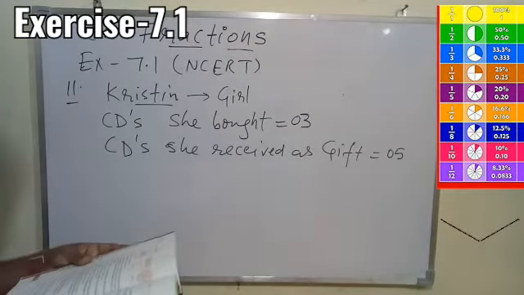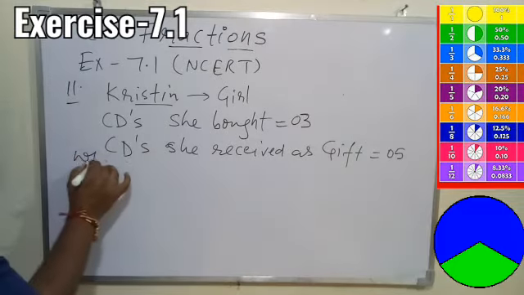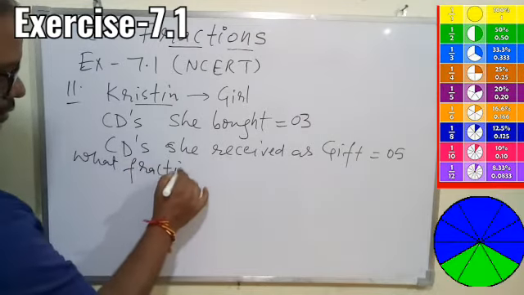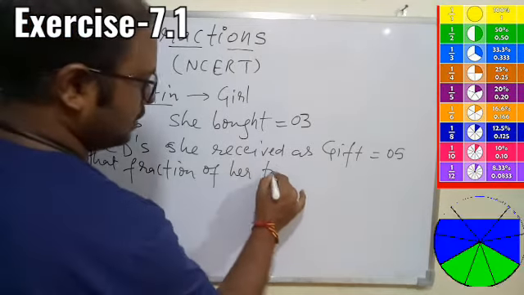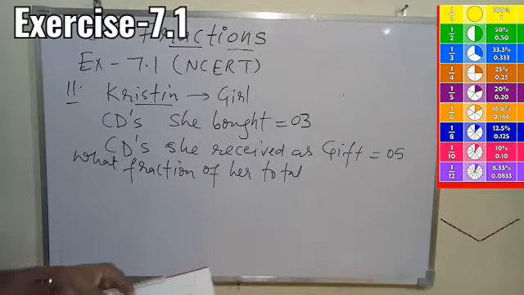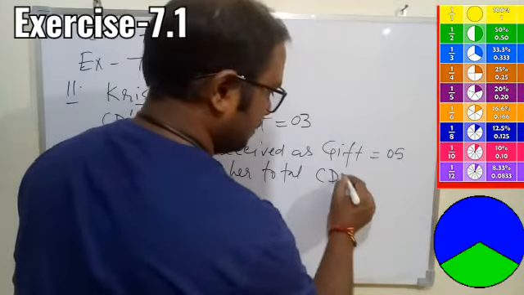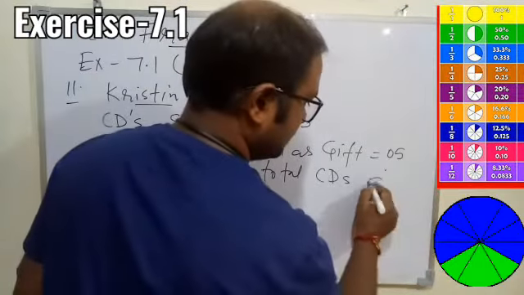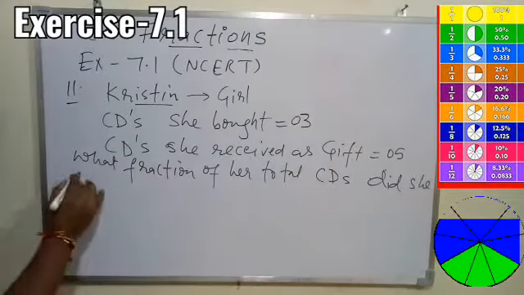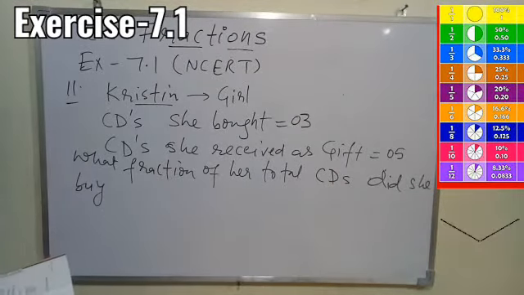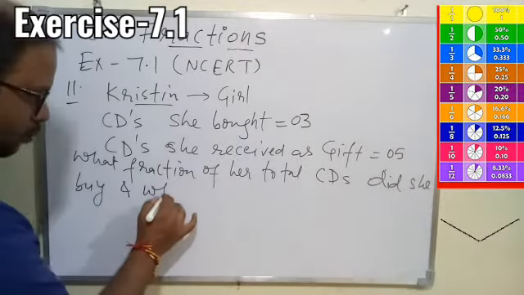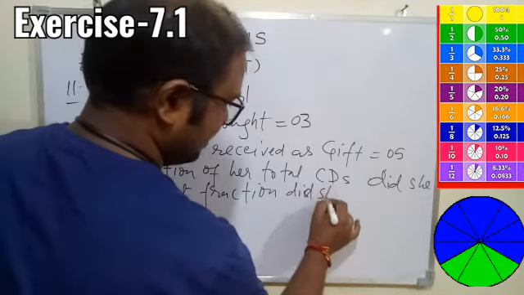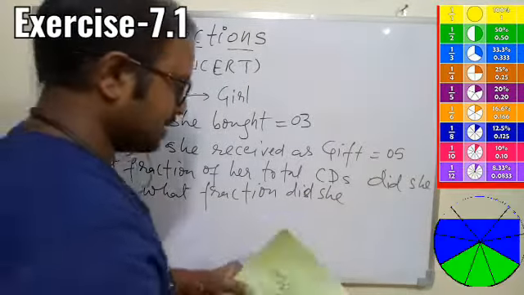Okay, now the question is what fraction of her total CDs did she buy, and what fraction did she receive as gift.